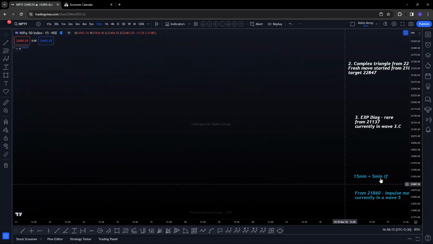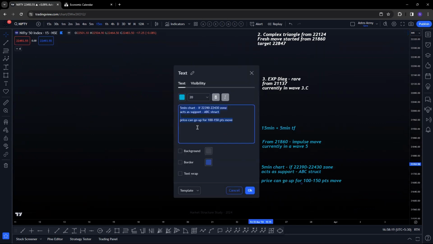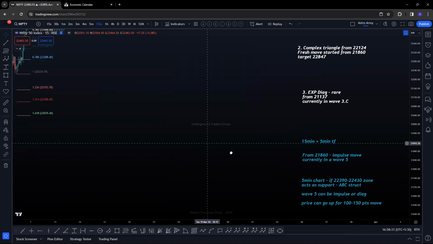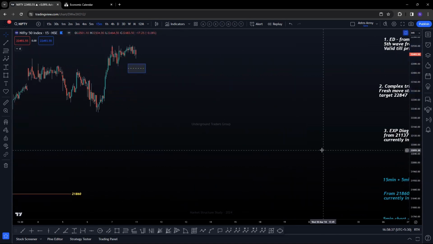So let me mention it in the report. Wave 5 can be impulse or diagonal. So right now for us, it looks like an impulse, so we are taking that as an impulse. Okay, so that is very simple now.